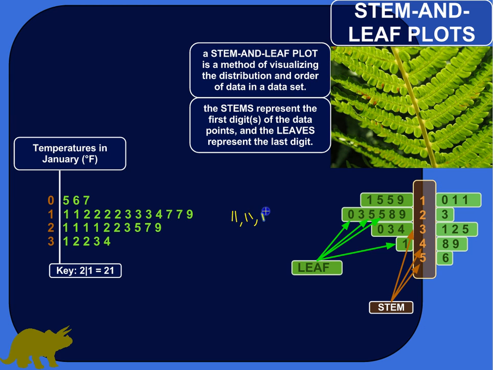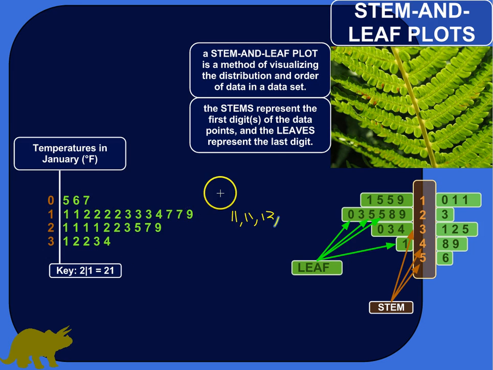This means 12, 12, 12, 12. This means 13, 13. 14, 17, 19. So this would be 21, 22, 25, 29, etc. So it's a really compact way of writing a bunch of numbers. I've got 31 different values here, but expressed in a small amount of space.